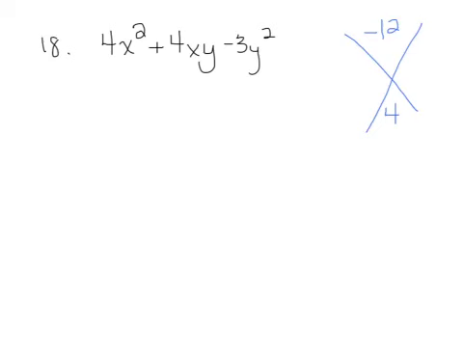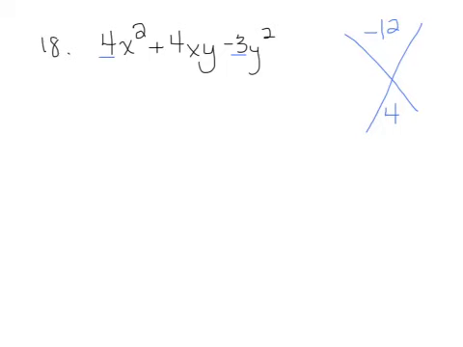In number 18, we take 4x squared plus 4xy minus 3y squared. And we are going to factor this. We're looking for factors of negative 12 that we get by multiplying 4 times negative 3. And we want those to add up to a positive 4.